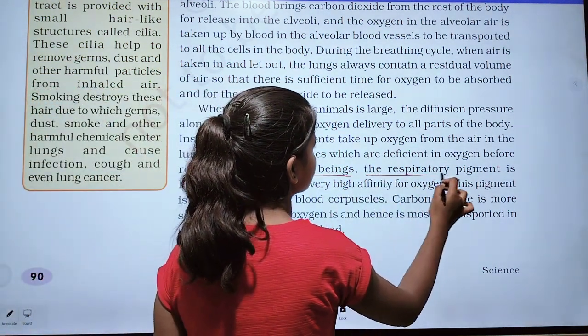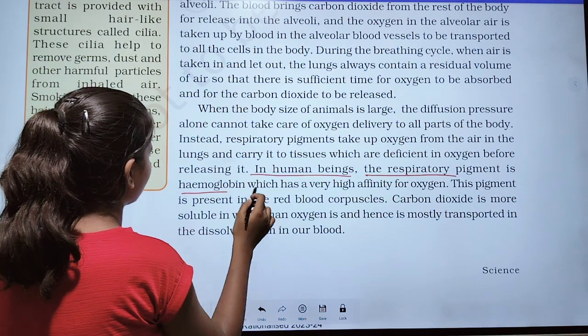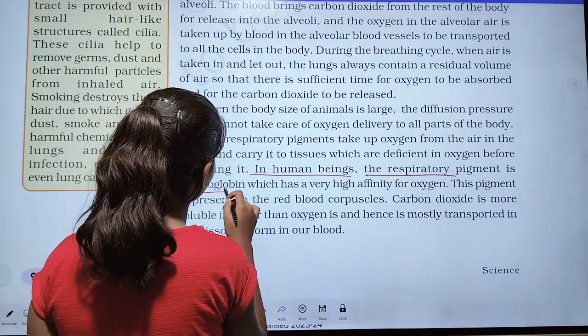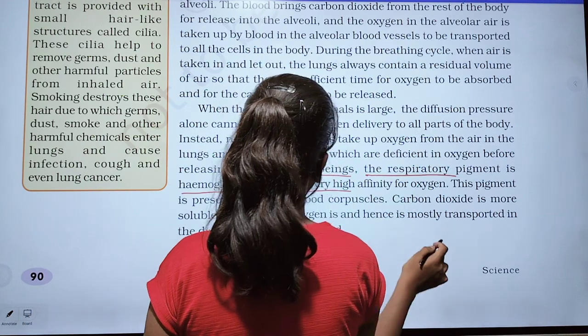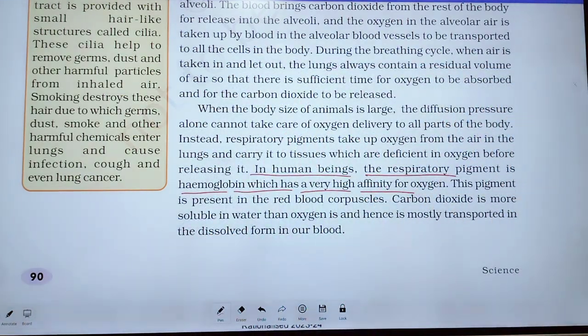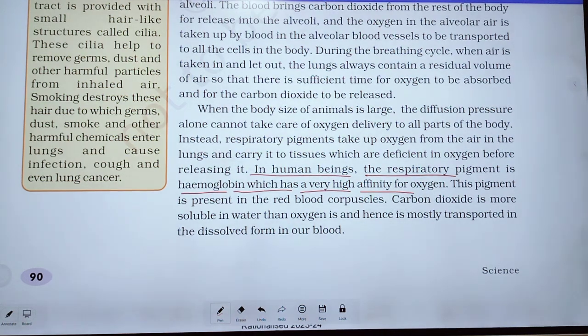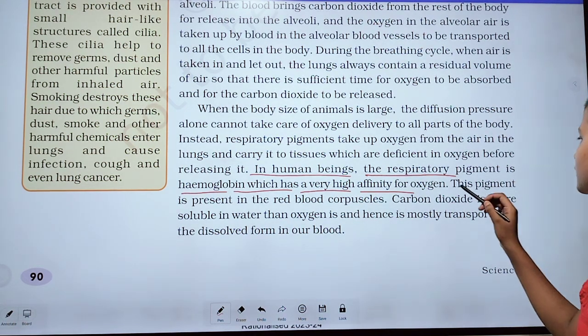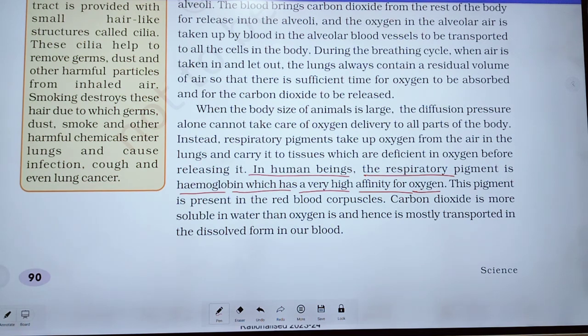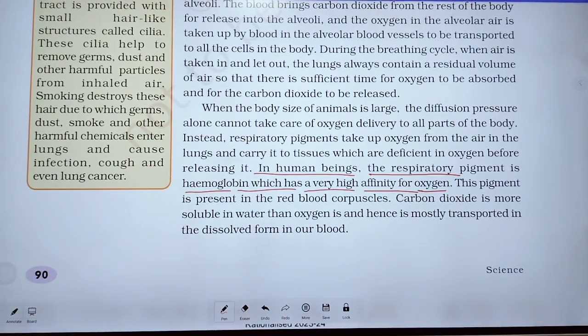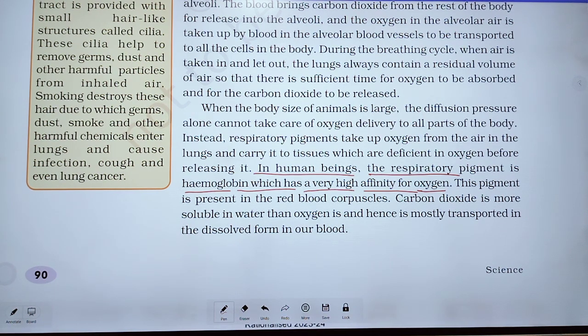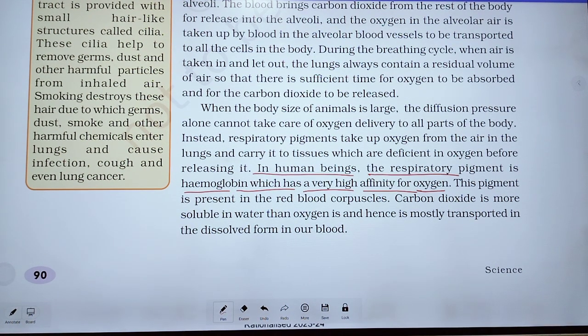In human beings, the respiratory pigment is hemoglobin, which has a very high affinity for oxygen. It means a large amount of oxygen can be carried by hemoglobin.